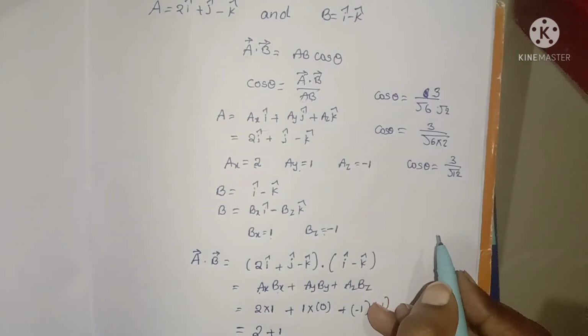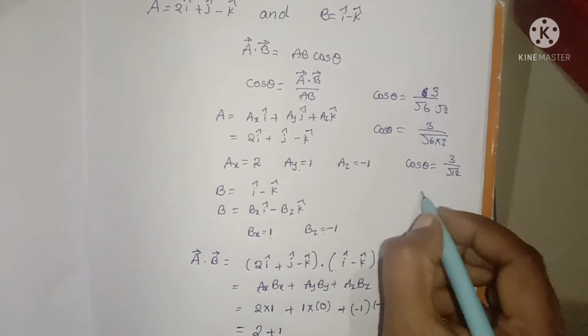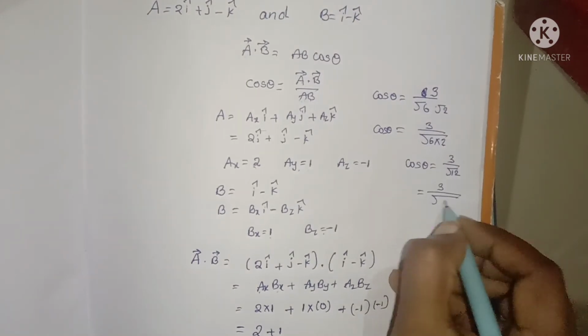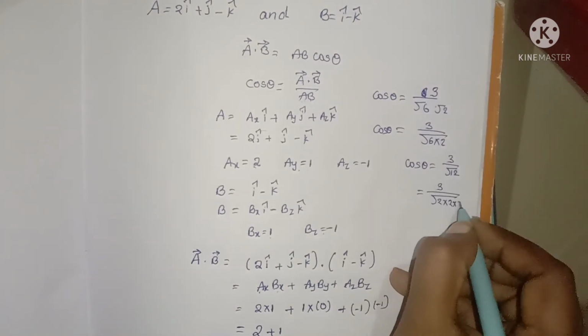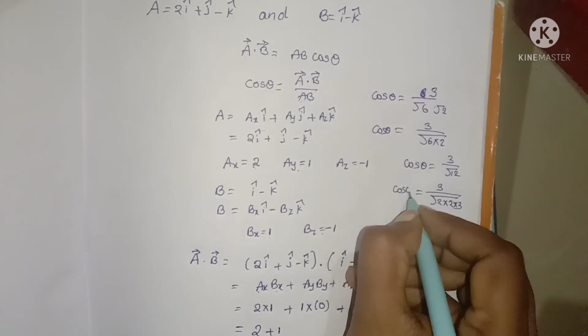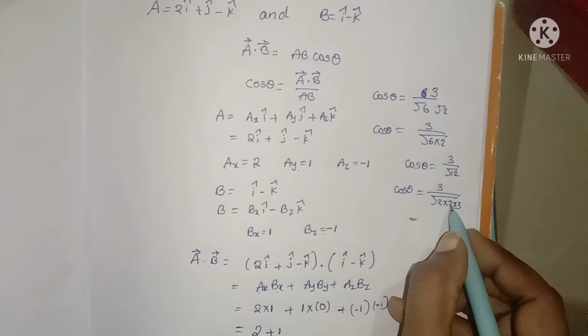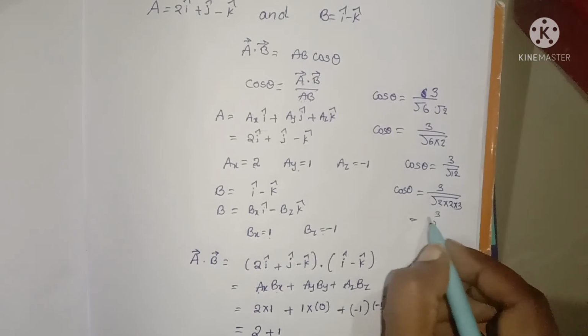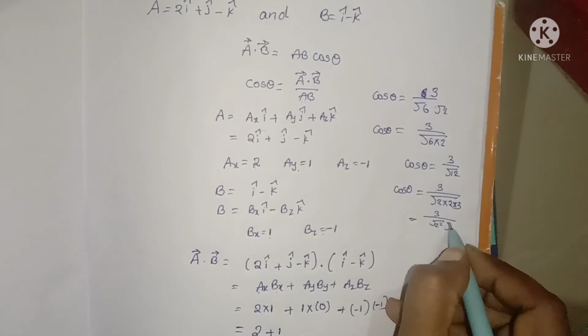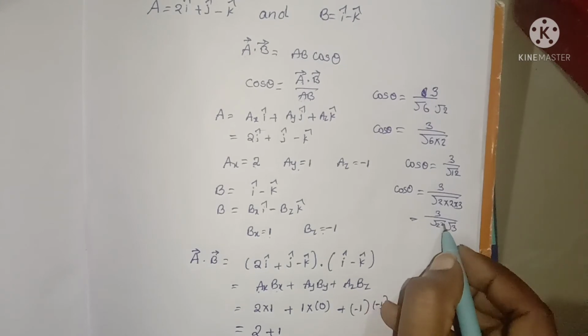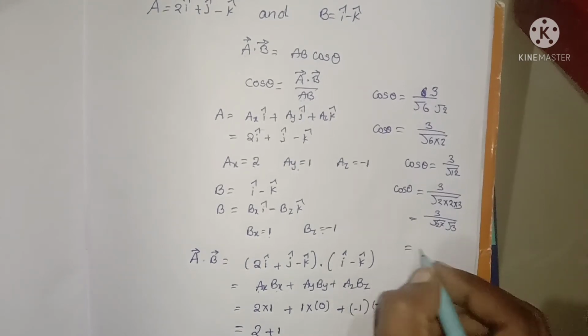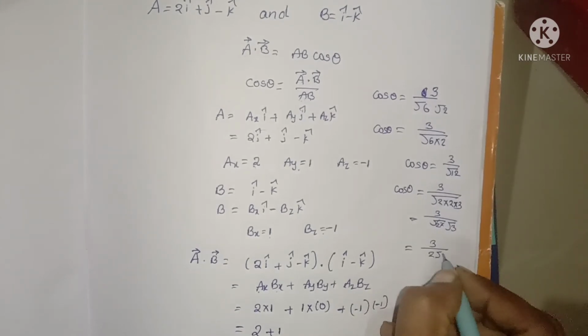Root 12 we can write like 2 into 2 into 3, and here 2 square is there. So the square root cancels, then 3 by 2 root 3.